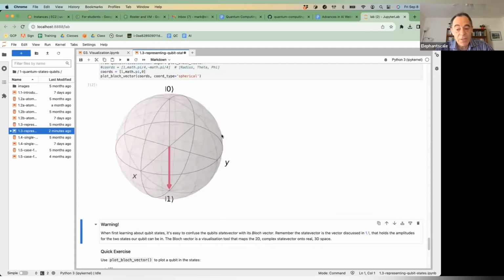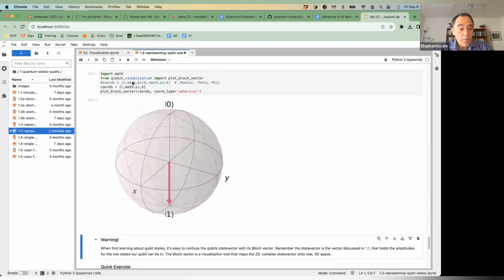Any suggestions? Which angle do I need to give it here? We're forming 2 angles, theta and phi. Okay, so what's my theta and what's my phi? Any suggestions?